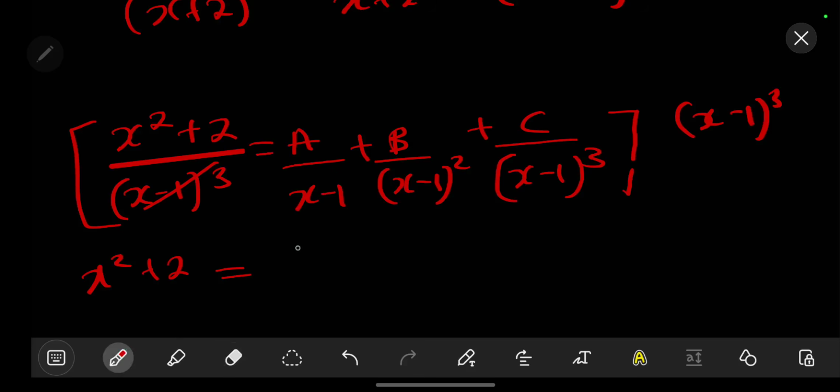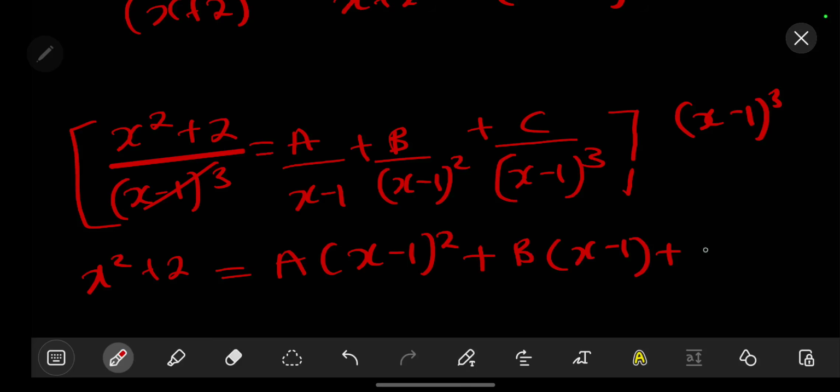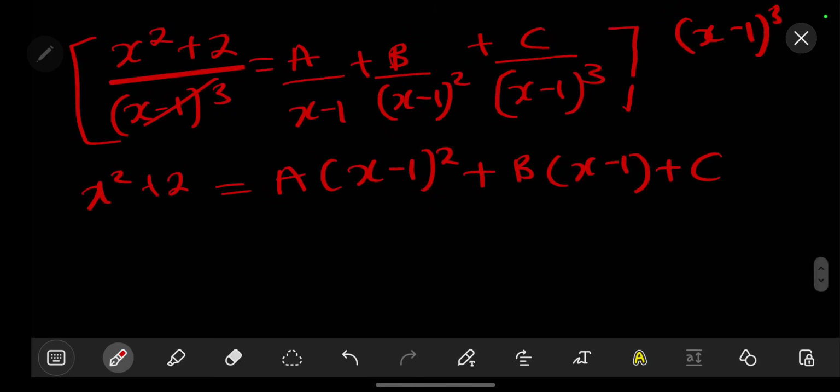When we divide it by this one, it will be a, then we have (x minus 1) to the power 2, plus we have b, then we have (x minus 1), like that, then plus, (x minus 1) to the power 3 cancels with this, we have c like that. So this is going to give us x squared plus 2 should be equal to a, so we have written everything there.